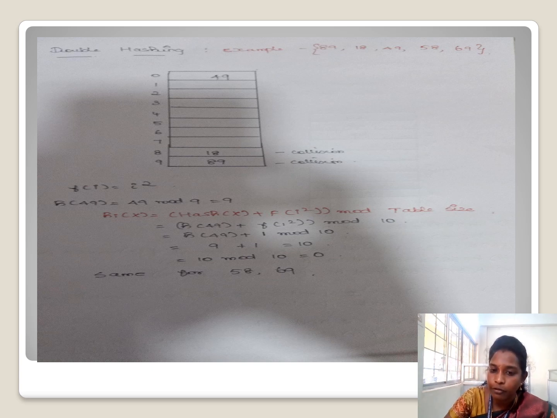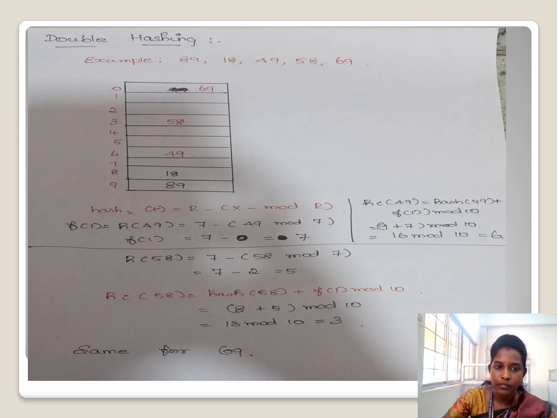So I am going for f(2) square, which is 4. From the 8th index I am going 4 steps forward: 1, 2, 3 and 4. So I insert 58 in the 2nd index. Like that only we have to formulate this. This is double hashing.